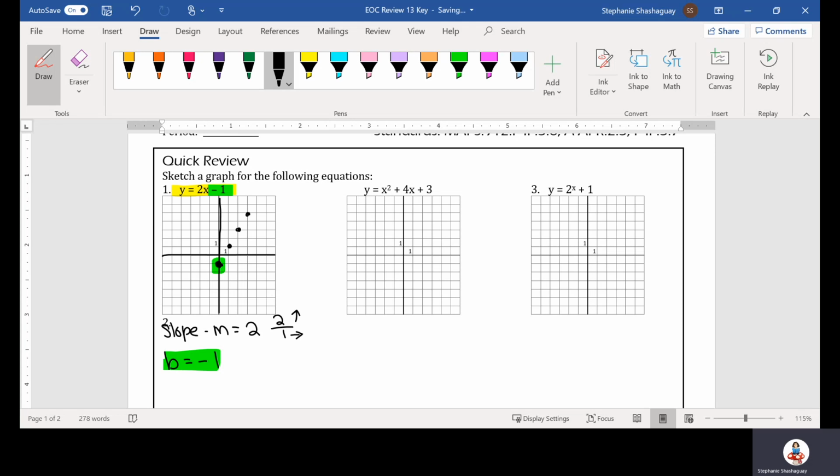Or remember that if I have a positive 2 slope, I can also do negative 2 over negative 1. So that would be down 2 and to the left 1, down 2 and to the left 1. So I can graph my line now. And there's my linear function.